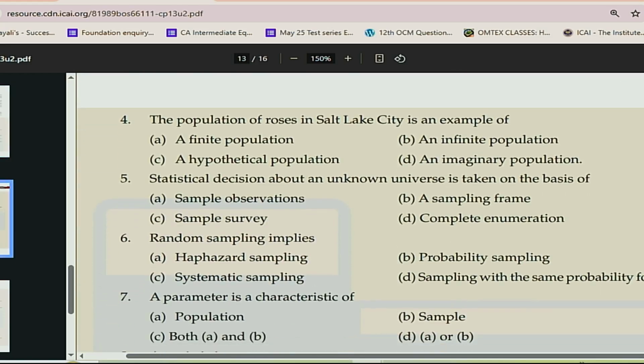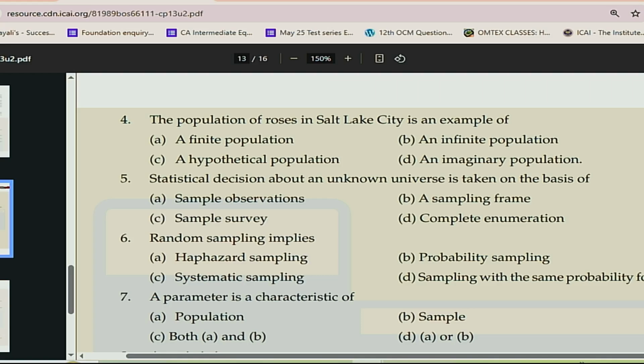The population of roses in Salt Lake City is an example of finite population, infinite population, hypothetical and imaginary. Infinite.